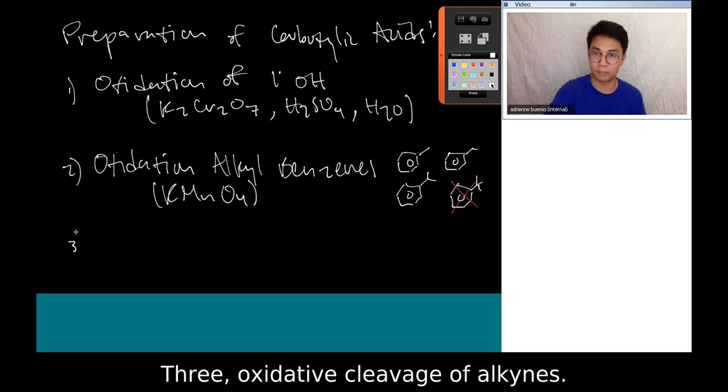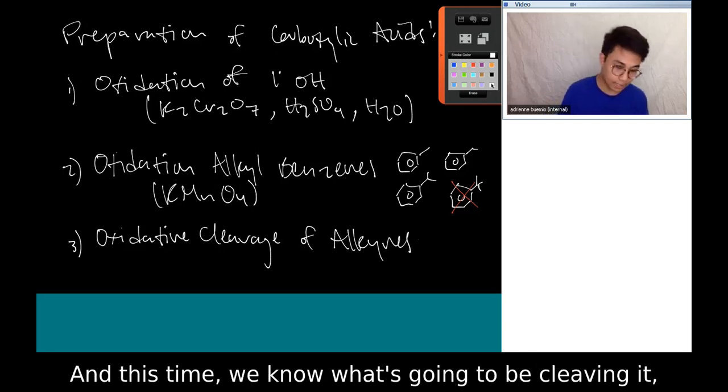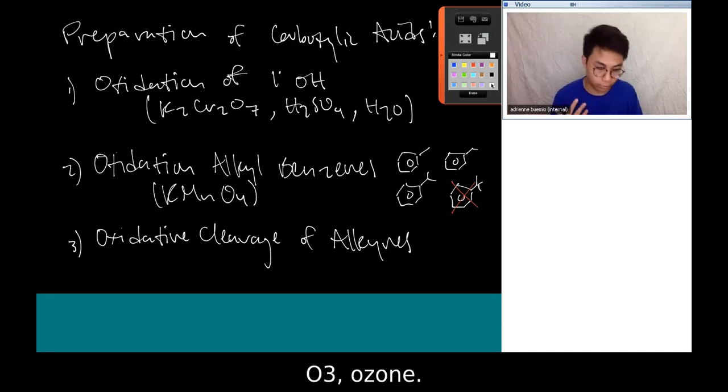Three, oxidative cleavage of alkynes. So we're starting alkynes this time, right? Triple bonds. And this time we know what's going to be cleaving it: O3, right?